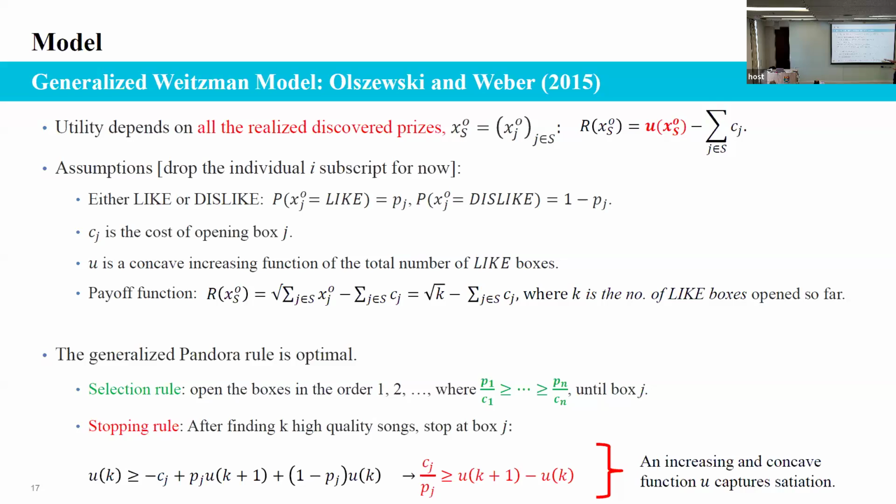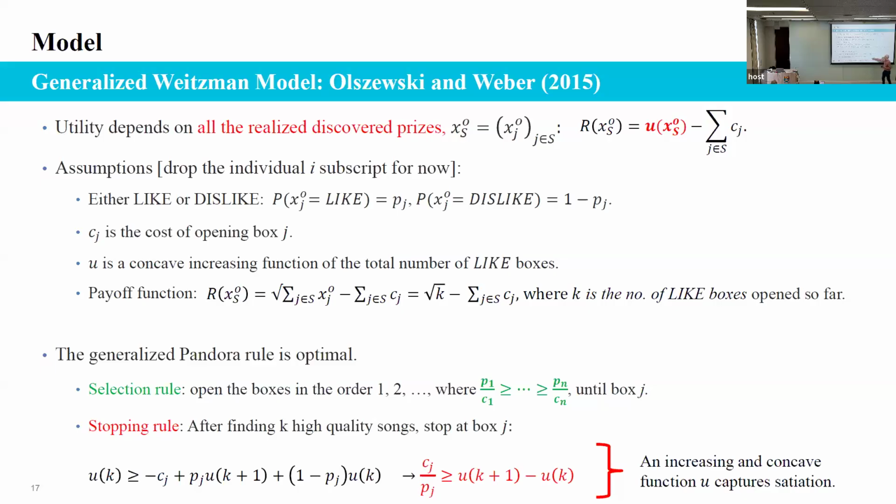And in terms of the selection rule, we can rank the songs based on the ratio between the perceived probability that the next song you sample is going to be high quality, divided by the search cost. And the search cost, we will naturally model as a function of the positions of the songs being displayed.